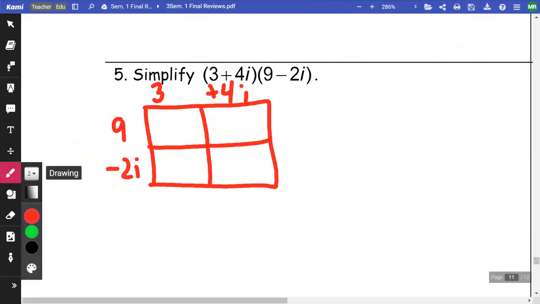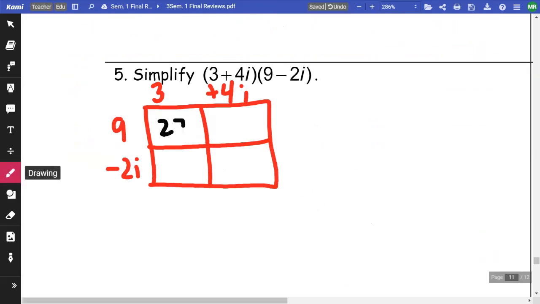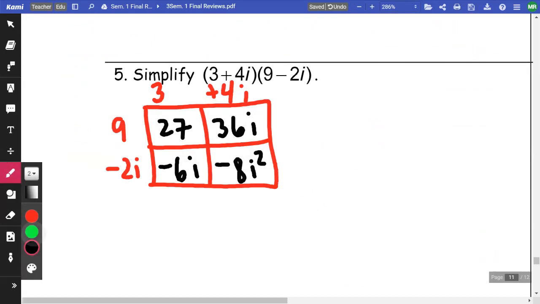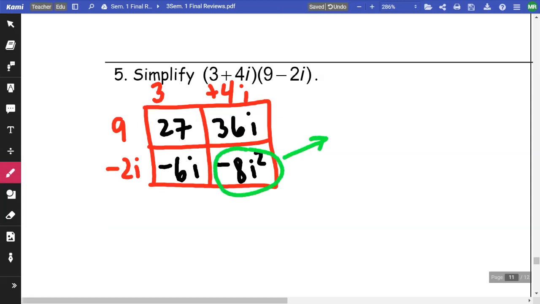I end up getting a 27, a 36i, a negative 6i, and a negative 8i squared. Now, with this negative 8i squared, what you need to remember is that i squared is equal to negative 1. So that means this is really going to be an 8.